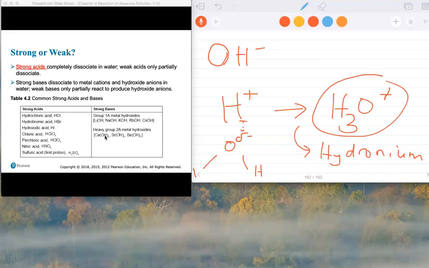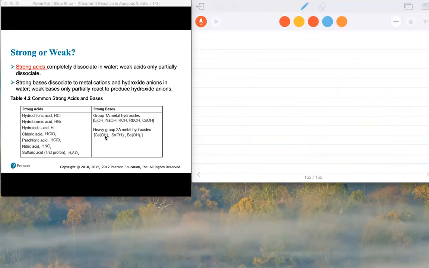Last time, we saw how to write the molecular equation, the total ionic equation, and the net ionic equation. We talked about the spectator ions, all right? And what are the spectator ions? Remember, you get to look at the physical state.